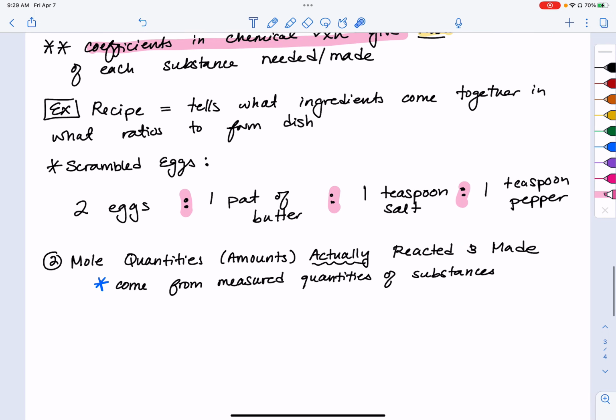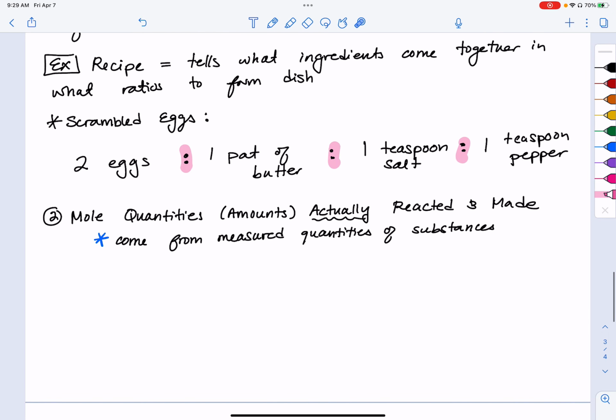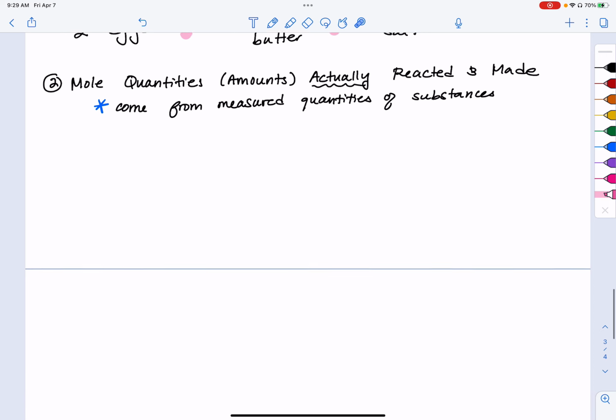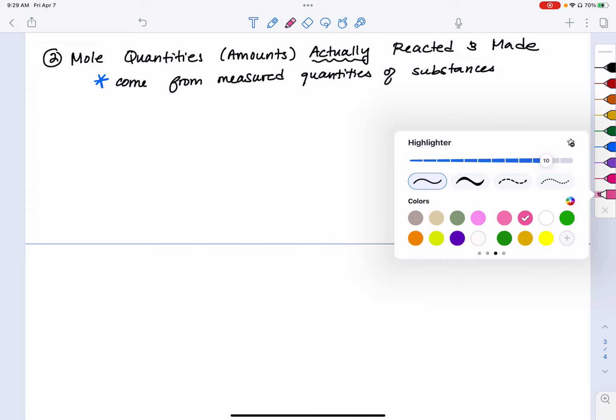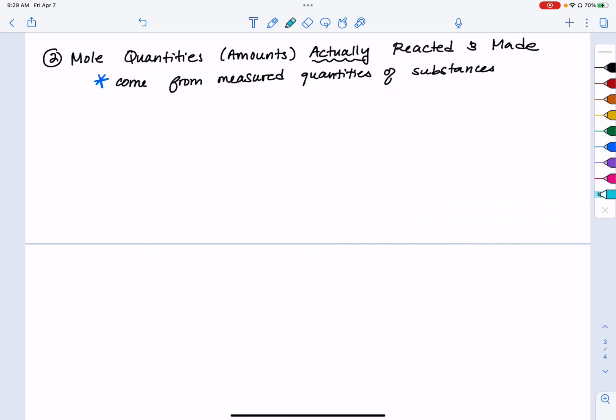So that gives us our recipe. It tells us what ratio of each thing is needed in order to come together for the reaction to proceed. But if we are doing a full analysis of stoichiometry or mole counting, then we also need to consider where our quantities of substances come from in moles based on what we're actually doing in the lab.